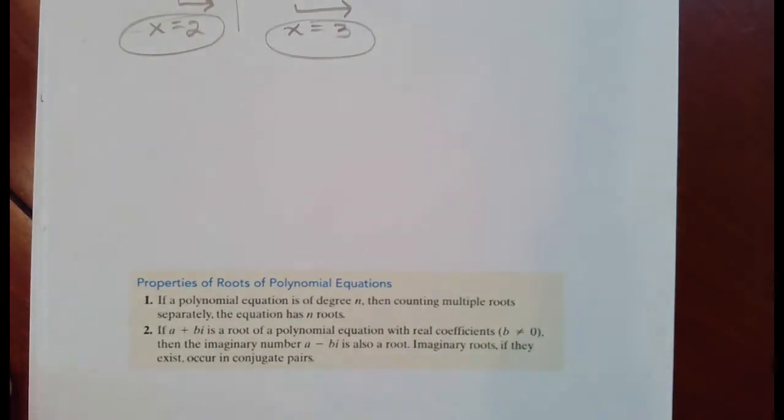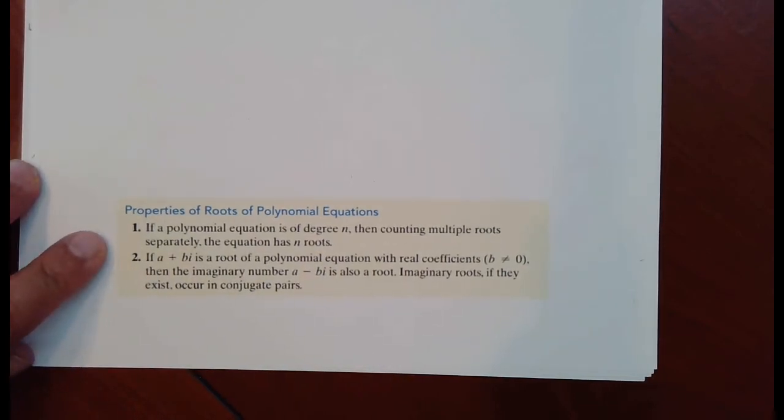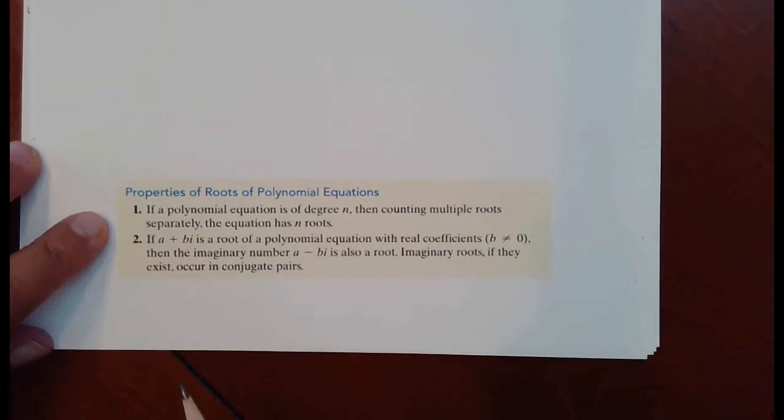So I wrote this theorem down here for you, that if a polynomial equation is of degree n, this problem that I just did was fourth degree, then counting multiple roots, anything that repeats twice, if you want to see that you actually have 4 answers, you should list that answer twice. Not that you have to when you give your final answer in my math lab, but just to verify.